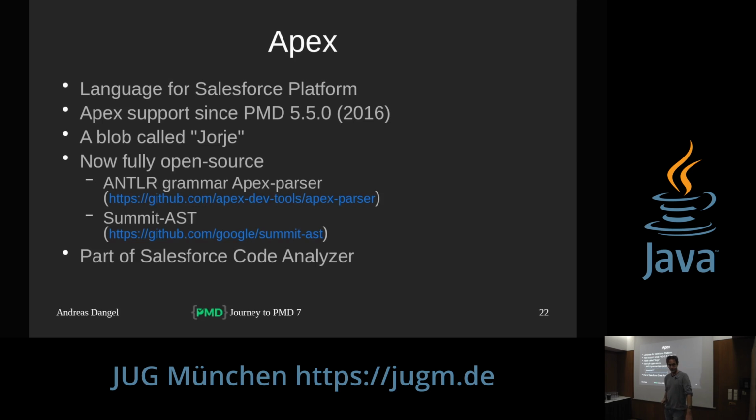When we started supporting the Apex language in PMD, we added a binary blob, which contained the parser as a black box from Salesforce. They had a language server for VS Code. We used that to parse the code, but we never knew, when we needed to update it, what had changed. So that's a bit of a mess.